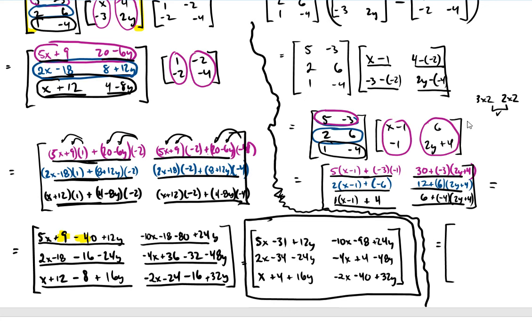So 5 will distribute, and we'd have 5x minus 5. Let's go ahead and set up our matrix. So 5x minus 5, and then really negative 3 times negative 1, we could just say is plus 3. And then from there, we could collect the like terms, negative 5 plus 3, and simplify.